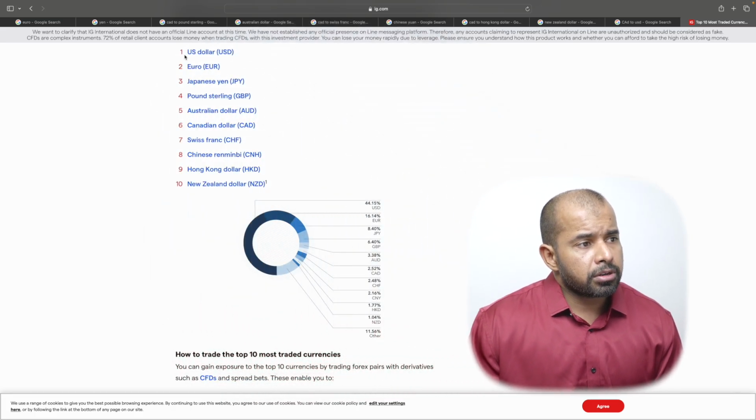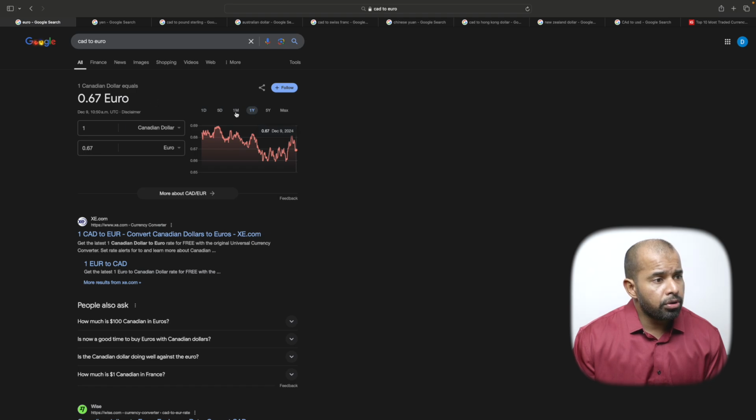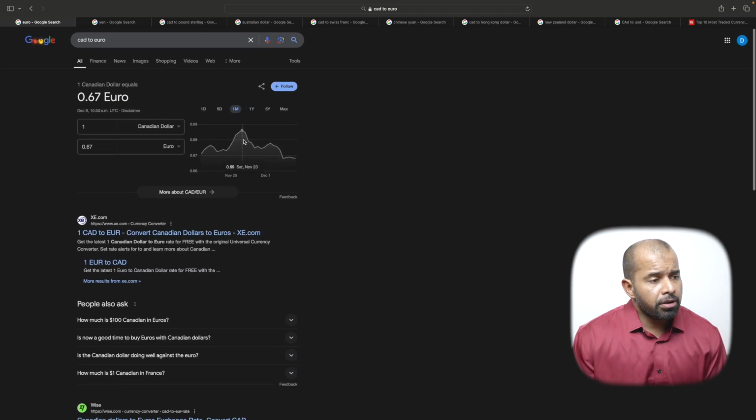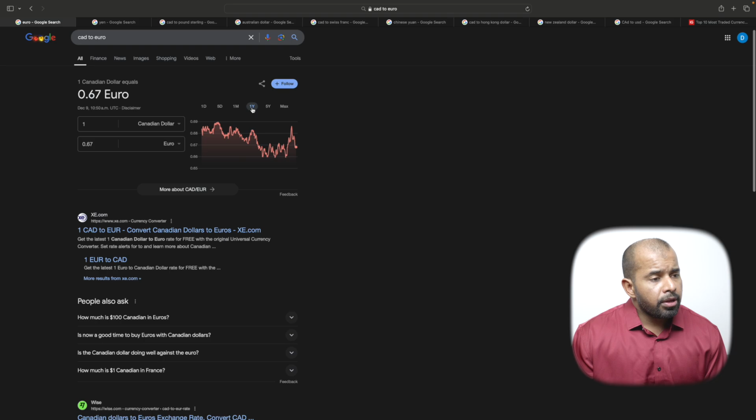So these are the top currencies that are mostly traded in the whole world: US dollar, euro, Japanese yen, pound sterling, Australian dollar, Canadian dollar, Swiss franc, Chinese renminbi, Hong Kong dollar, New Zealand dollar.